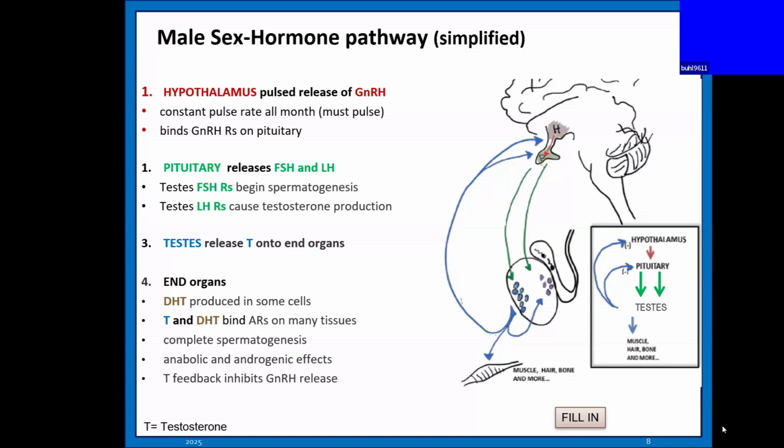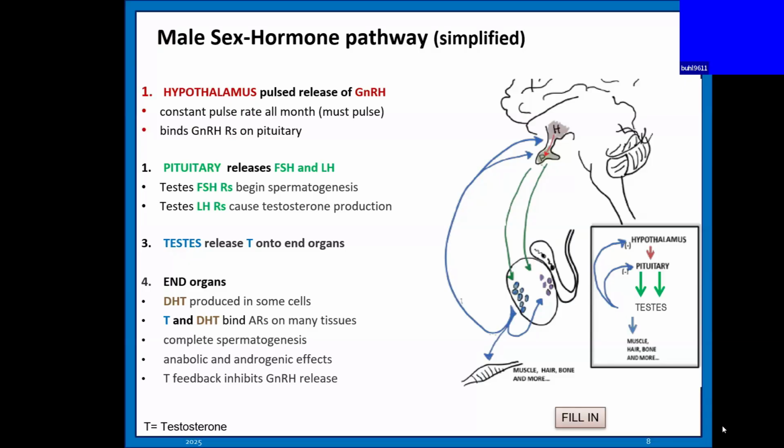It has to pulse them. If it doesn't pulse, then those GnRH receptors desensitize. So if you just got a straight up GnRH drug that didn't pulse, it would stop any activity because the GnRH receptors would be desensitized and nothing else would happen in this pathway. With males, you have to have a constant pulse rate all month. It's got a pulse, but then that keeps you making the LH and the FSH.